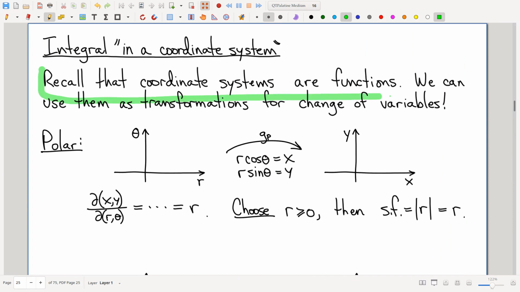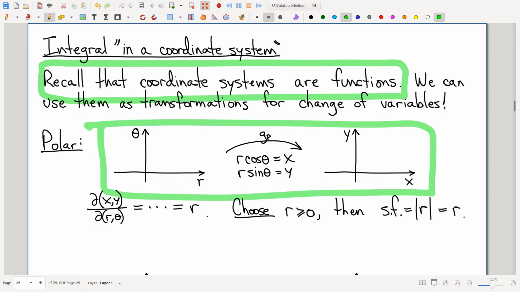Flashbacks to chapter 1. Remember we talked about polar coordinates, cylindrical coordinates, spherical coordinates. You can think of those in different ways, and I have this personal preference: I like to think of them as functions. This is where one of the big payoffs is going to be. If you think about polar coordinates as a function, r and theta go in, x and y come out.